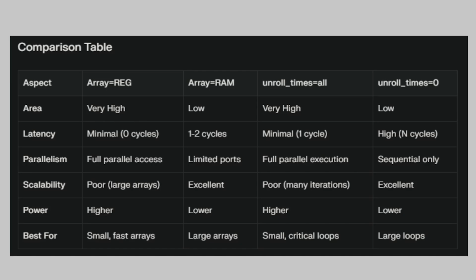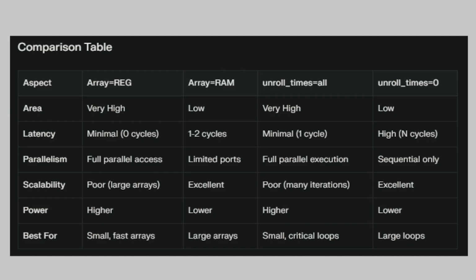If we don't perform any unrolling, the advantages we get are lower area, lower power, and scalability will also be really good. So these are the two different pragma states that we can provide for individual elements.